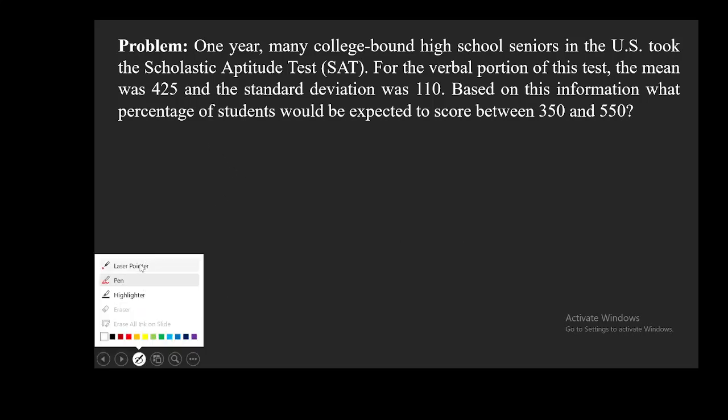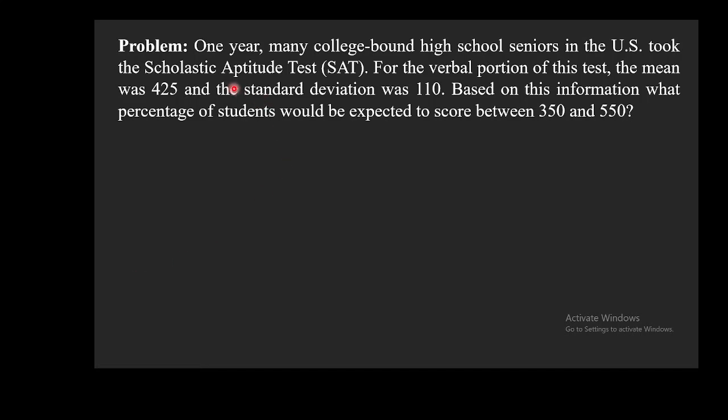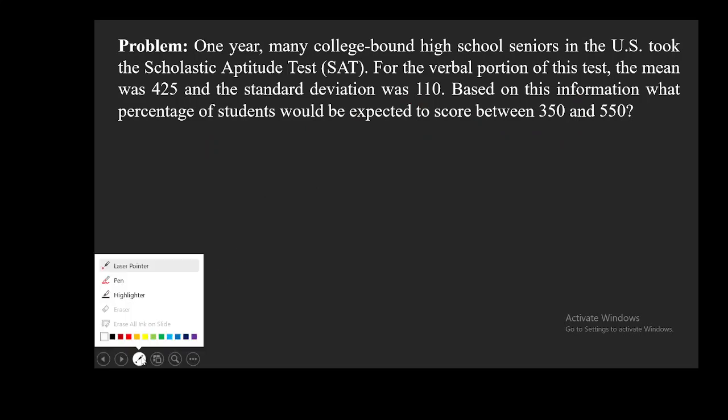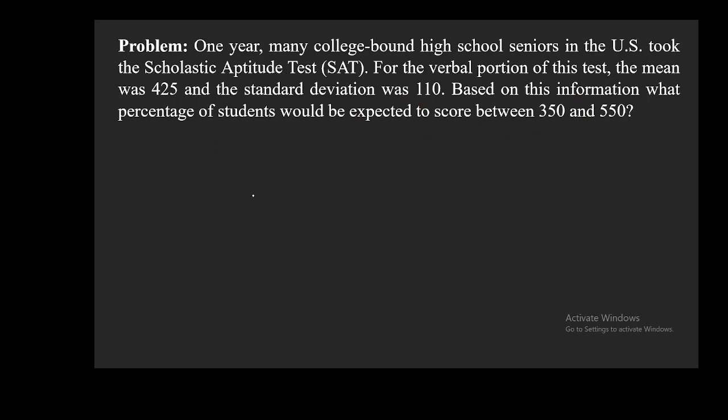You can also solve this problem, which says that the mean score in the SAT test was 425 and the standard deviation was 110. What percentage of the students would be expected to score between 350 and 550? Try to solve it by yourself.